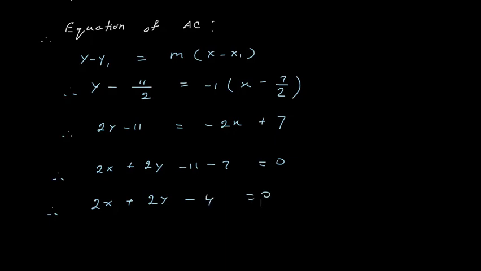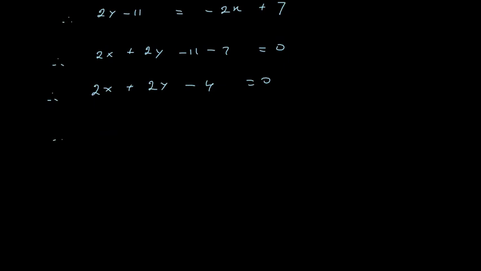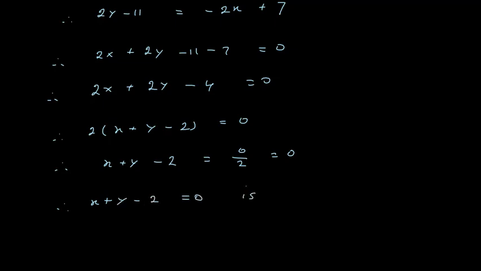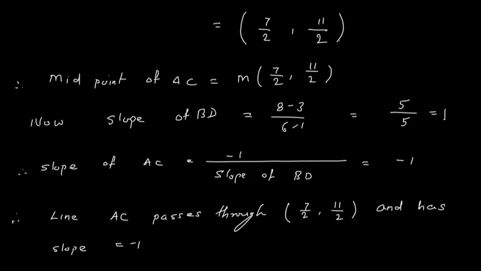Now I can take 2 common, and here it is x plus y minus 2 is equal to 0 upon 2, which is 0. So x plus y minus 2 equal to 0 is the required equation. Understood? This is our required equation.